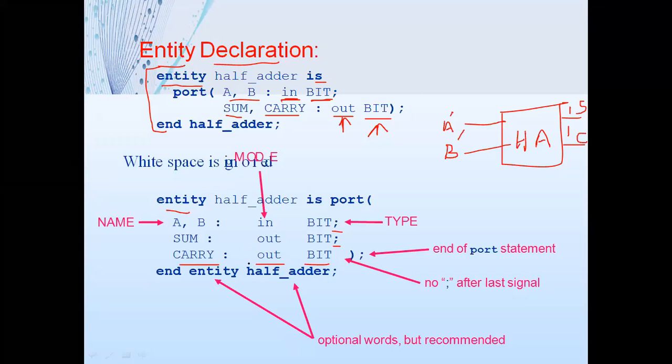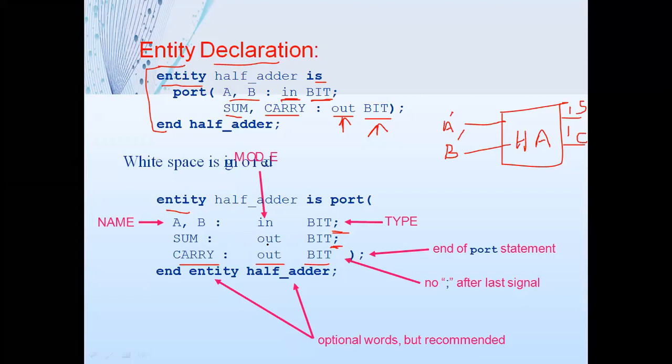While you are writing the entity for a model, you have to remember that each signal ends with a semicolon. A and B, two signals, end with a semicolon.